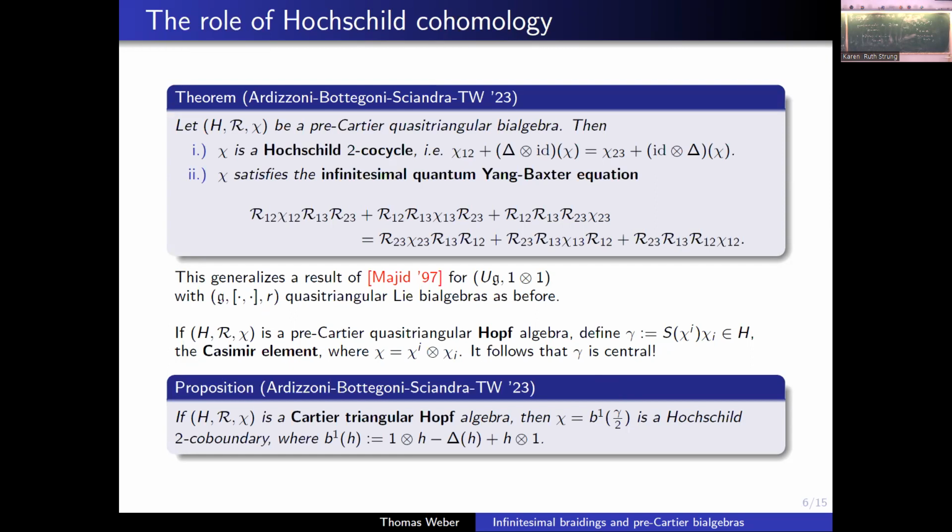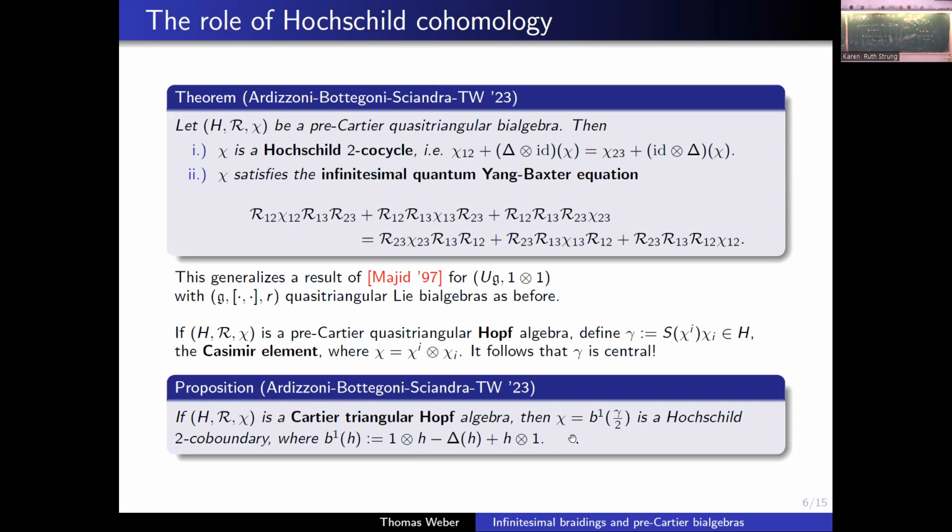And furthermore, we show that if you have a Cartier triangular Hopf algebra, so now we have the commutativity of chi and R, and also that the inverse of R is R op, a very special case. In this case, your chi is not only a Hochschild 2-cocycle, but it's even a Hochschild 2-coboundary. So those are the easier cases.